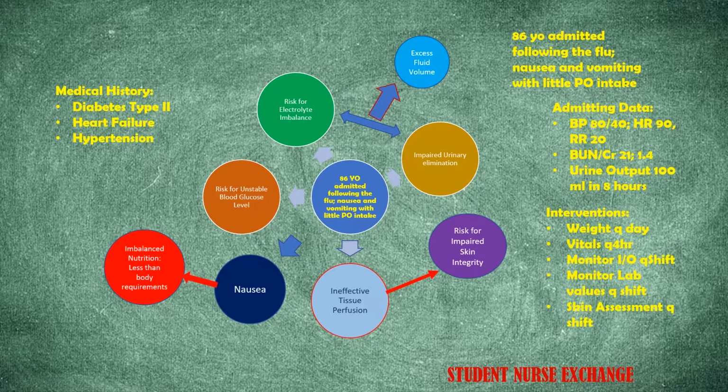So interventions, some examples. Make sure we get a weight every day. Remember, a 2-pound weight gain means that their congestive heart failure is getting worse. And when somebody's in renal failure, they're even more prone to having a weight gain, so we want to watch that. Vital signs should be at least every 4 hours.